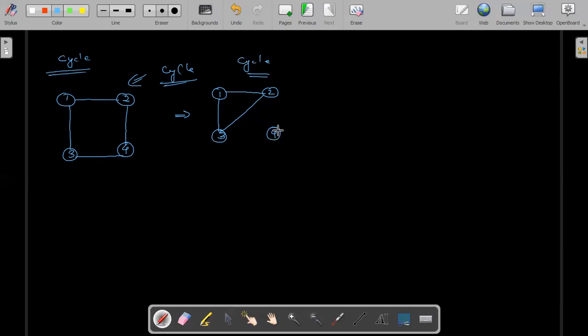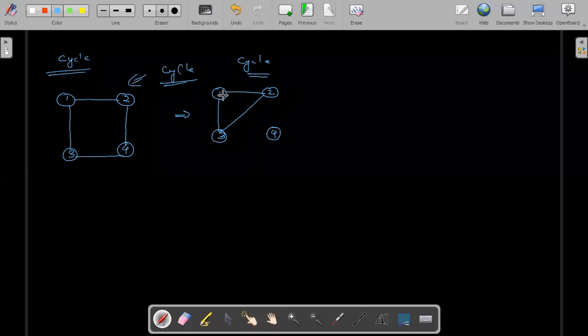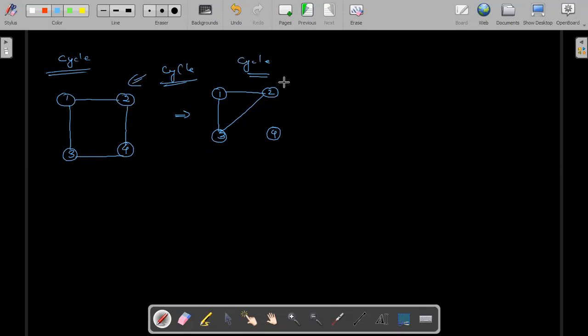So you missed this vertex. Yes or no? You are ignoring this vertex. You are able to move from 1 to 2, 2 to 3, again 1 to 3. You are connected with these vertices, but what about 4? It is not connected. That is the reason why it is a disconnected graph as well as having a cycle.